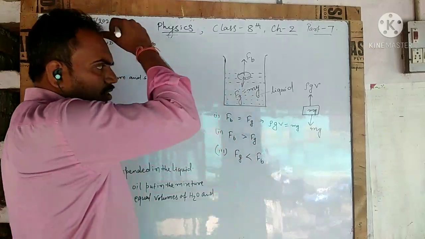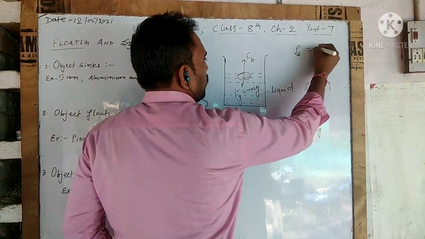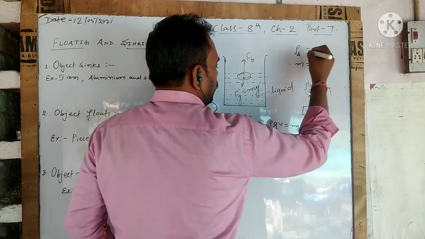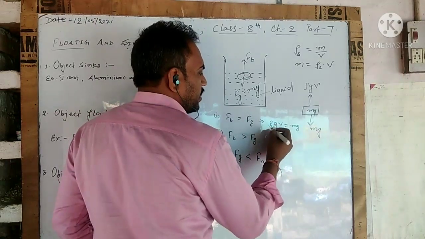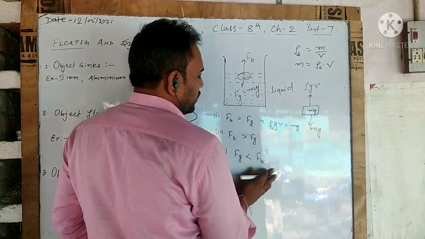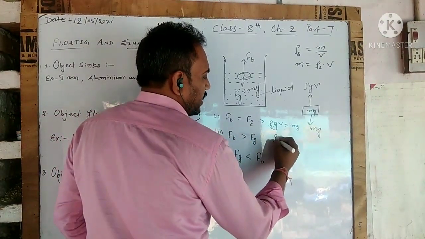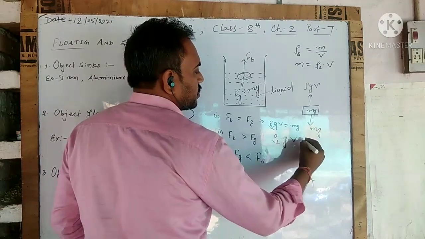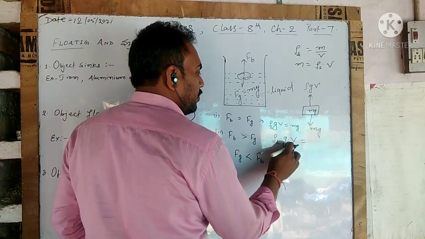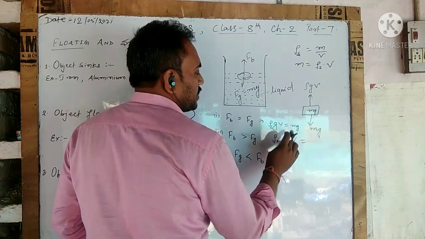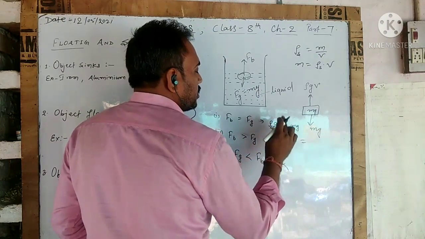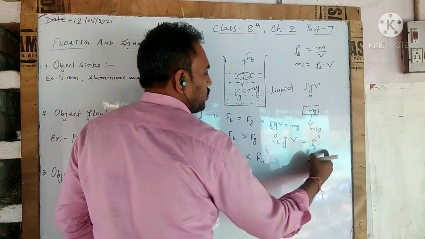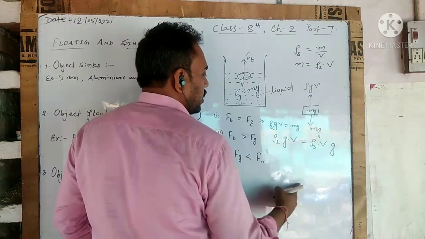As we know, density of substance is equal to mass of substance divided by volume, so mass of substance will be density of substance times volume. So it becomes: rho L, the density of liquid, into g, acceleration due to gravity, into V, the volume of displaced liquid, which is the same as the volume of substance, equals mass of substance times g, that is density of substance times volume times g.